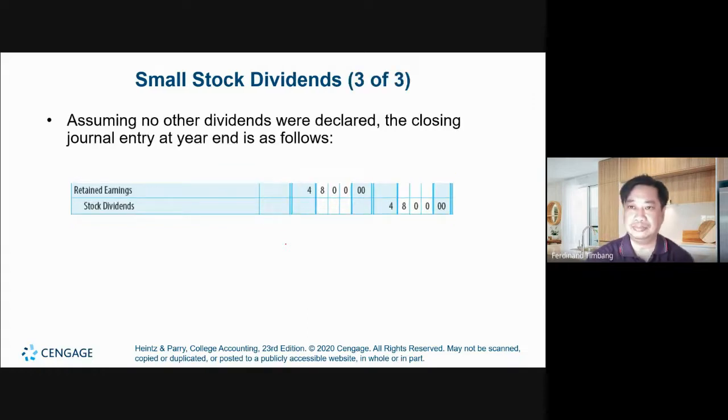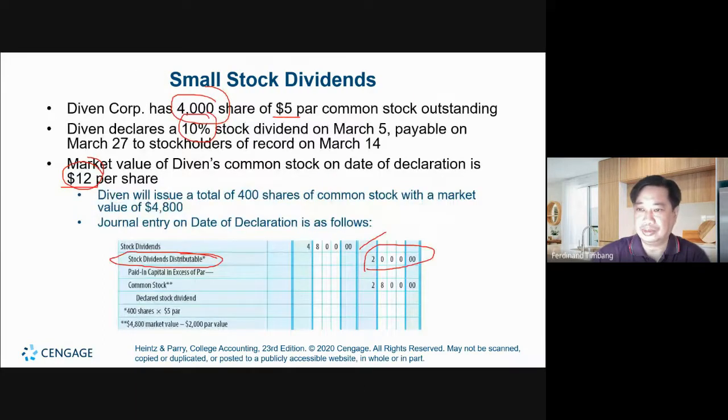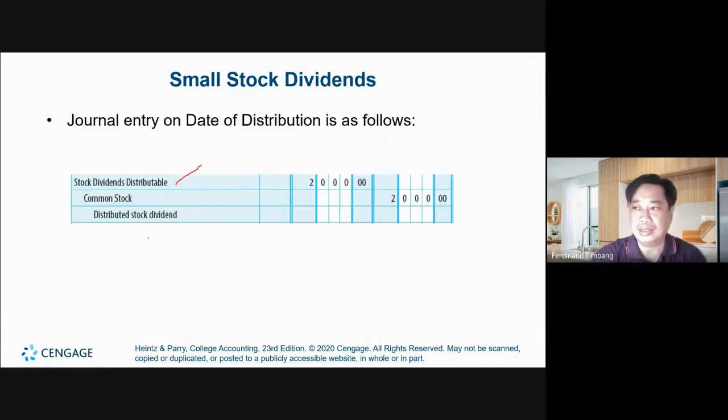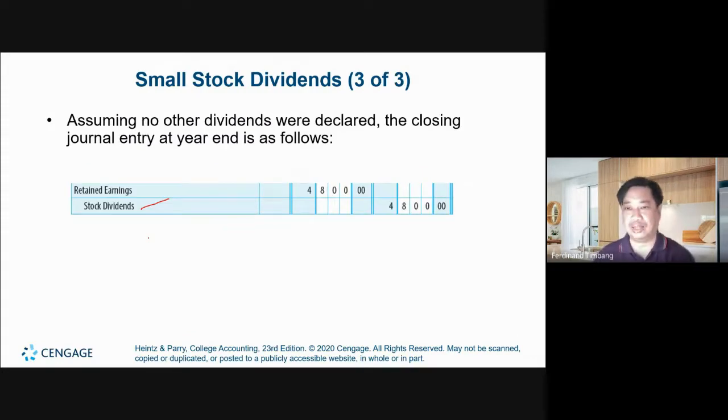And then again, at the end of the year, for the closing entry, you will debit the retained earnings and then you credit the stock dividends. So that stock dividends came from this one. It will be credited to stock dividends and then debit retained earnings, 4,800.